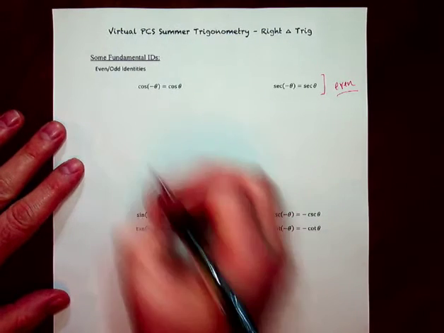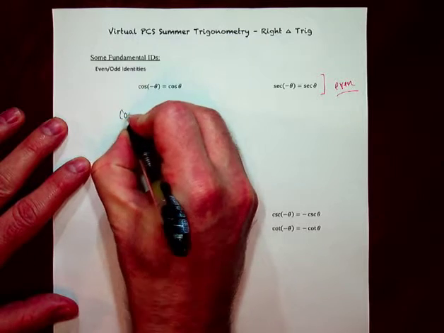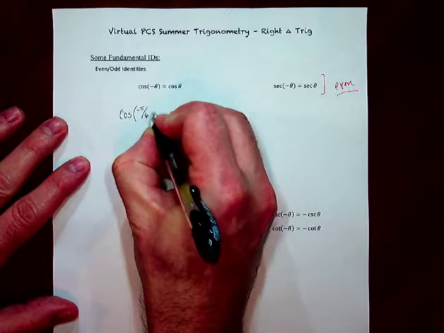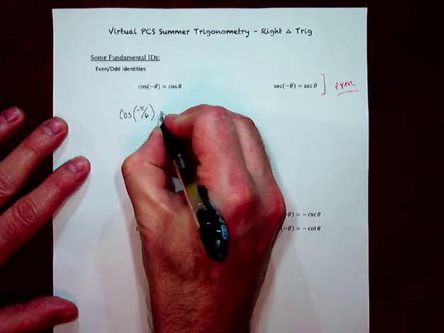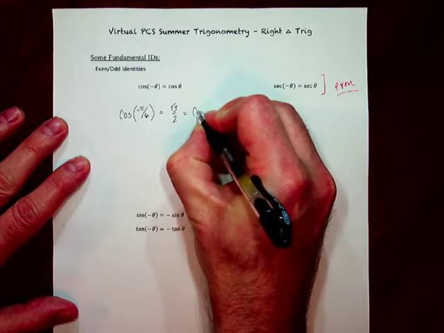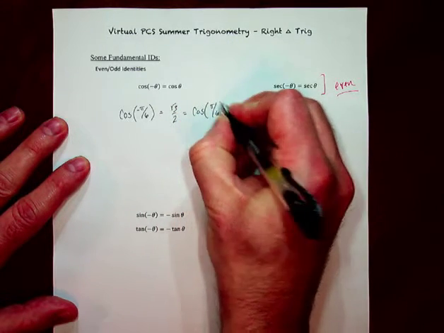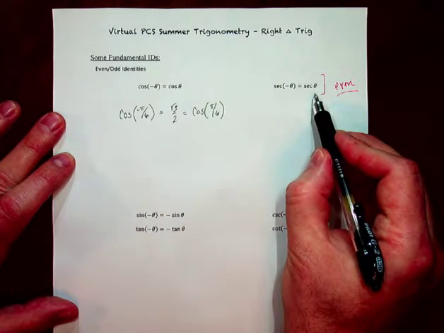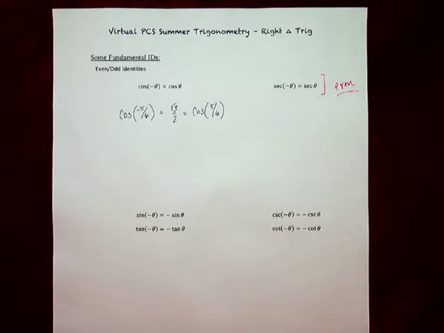So if we have cosine of negative pi over 6, that's going to be equal to root 3 over 2, and that's also equal to cosine of positive pi over 6. Okay? And the same thing happens for secant. We'll see this y-axis symmetry when we actually get to those graphs, and we'll see cosine and secant being split right down the middle by that y-axis.